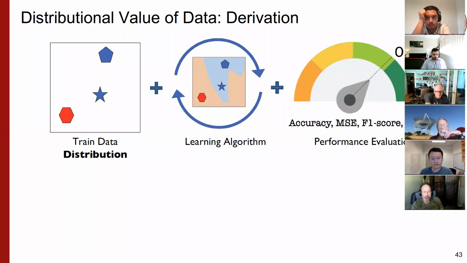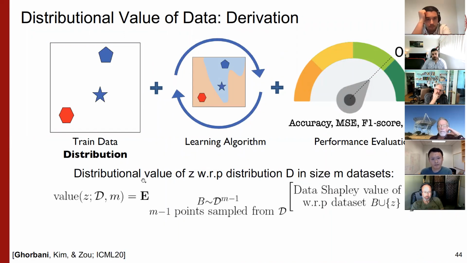In a collaborative work with Michael Kim, we developed distributional Shapley value. So instead of having a fixed training data set, this time you have a data distribution. What's the definition of distributional data value? For a data point Z, in the context of data distribution D, for data sets of size M, this is the definition of distributional Shapley value.